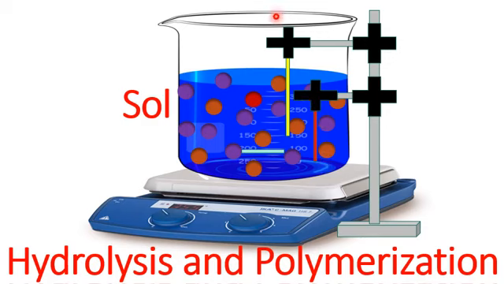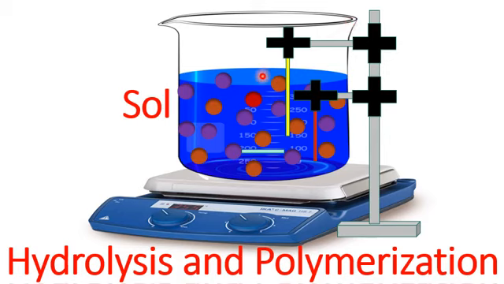So both the thermometer and pH meter are used throughout the sol-gel process to monitor the temperature as well as the pH value of the chemical solution.